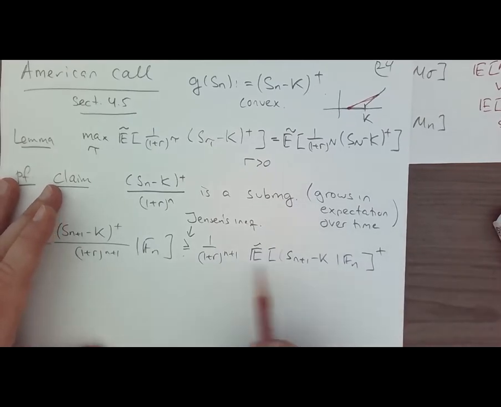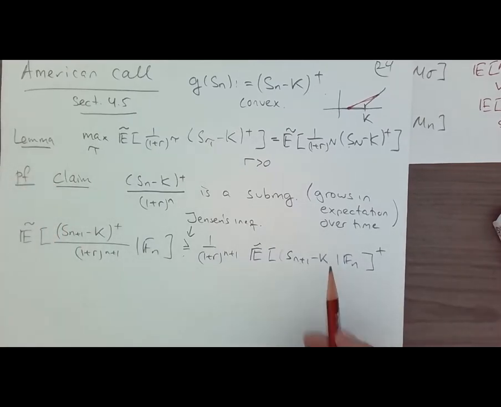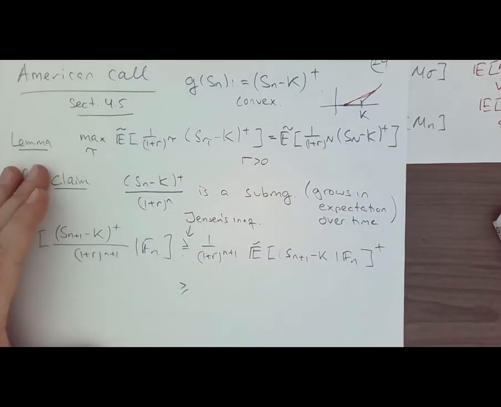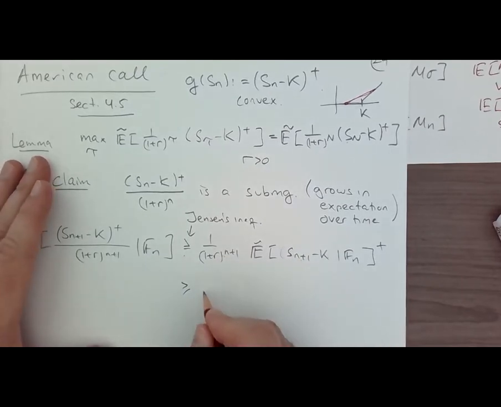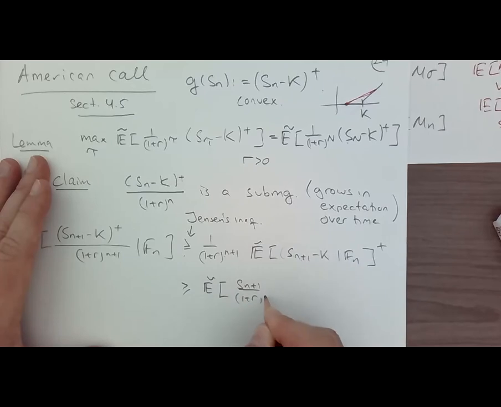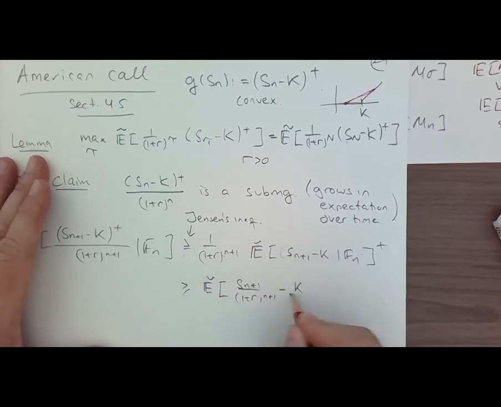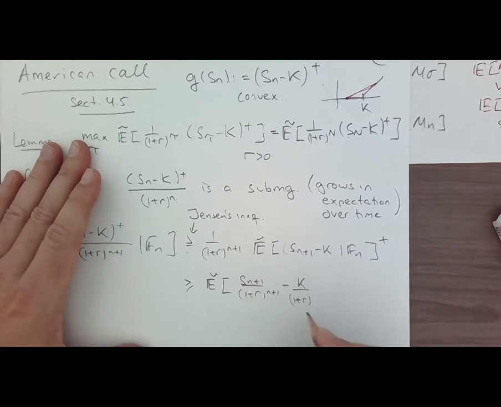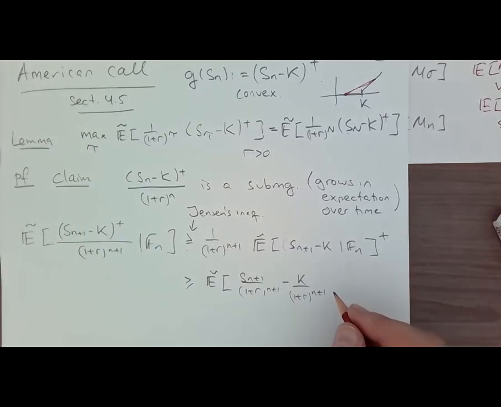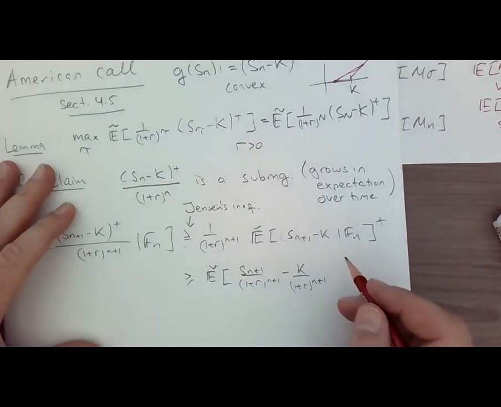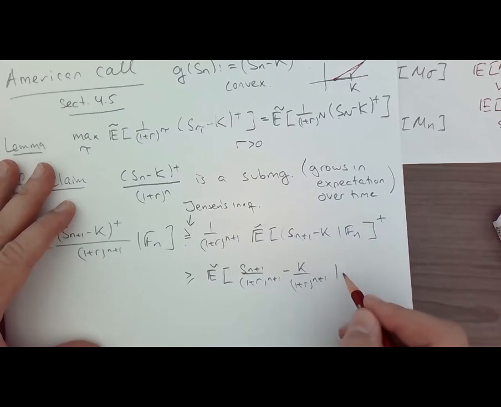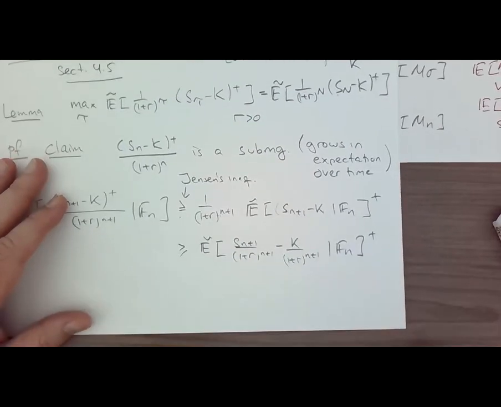So now what do I have? I have the discounted stock price, and then I have a K. What should I do? I could move this expression in there. So I'll get E tilde, and then it'll be the discounted stock price S_{n+1} divided by 1 plus r to the n+1, minus K over 1 plus r to the n+1, given the event, and then my plus is up there.